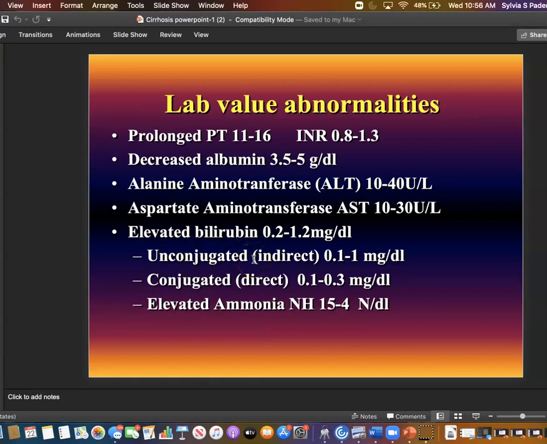Okay, so here are the lab value abnormalities with liver cirrhosis. There will be a prolonged prothrombin time and INR. There'll be a significant decrease in albumin, and then ALT will be elevated, AST will be elevated, and then elevated bilirubin.